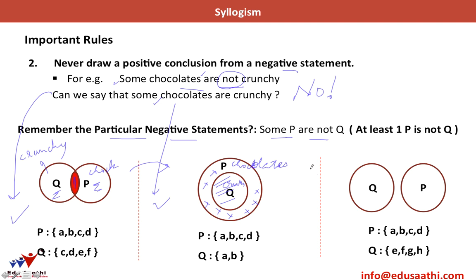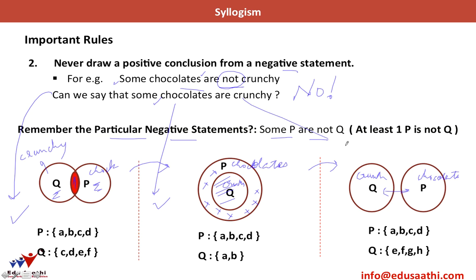Let's move on to this third diagram. If this conclusion also fares good here in this third diagram, then it's a valid conclusion, but we'll see it will not. So I have crunchy here and chocolates here. Now this also means that some chocolates are not crunchy because all chocolates here are not crunchy, but here there is no overlapping between the P and the Q circle, between the chocolates and crunchy.